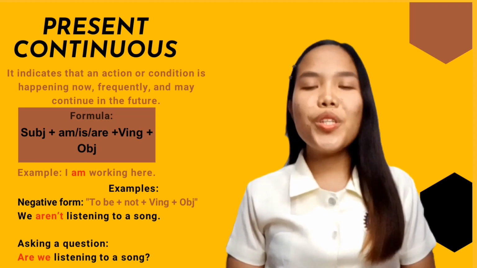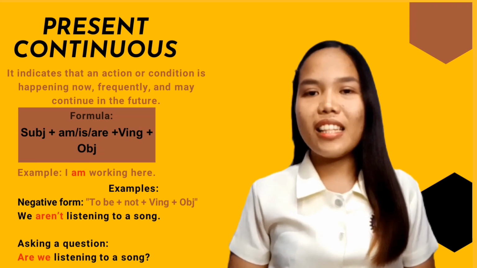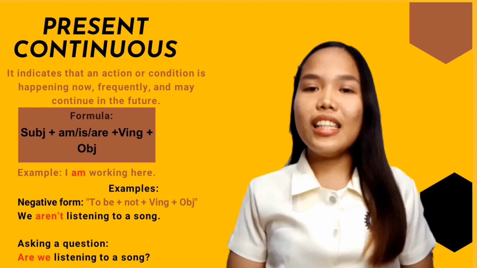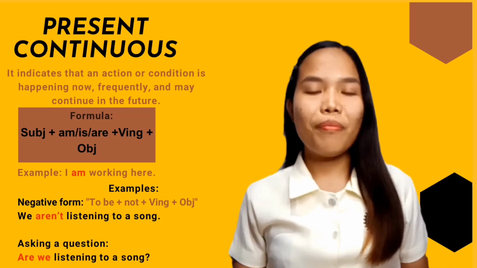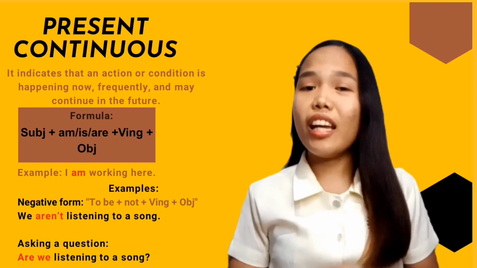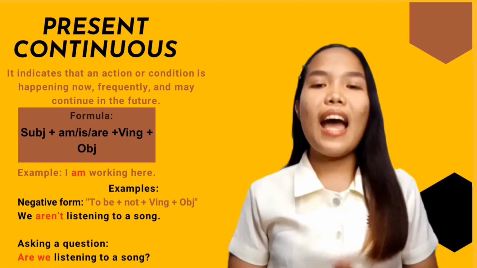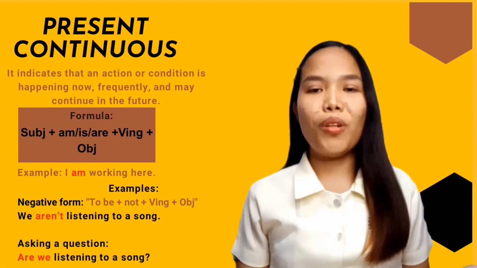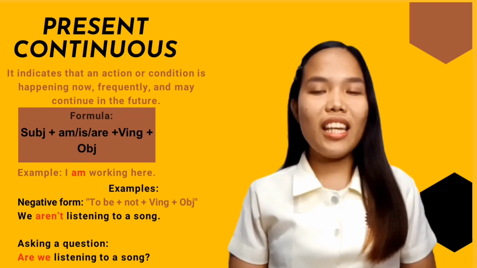Now, how to use present continuous in a sentence? Simply, we are listening to a song. How about making it in a negative form? Simply add the word not, or it will become aren't. For example, we aren't listening to a song.